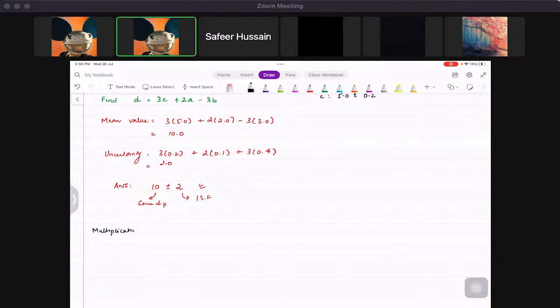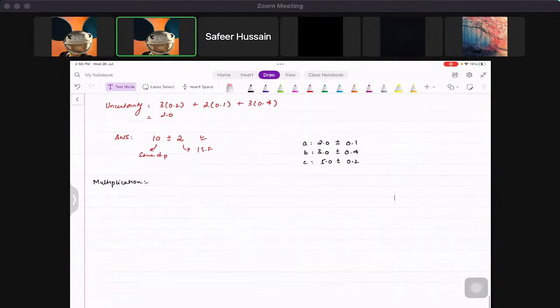And I want to put the data set here because we want to see it right here. Okay. So suppose they say find D which is equal to B times C. Okay, now it's multiplication of variables.